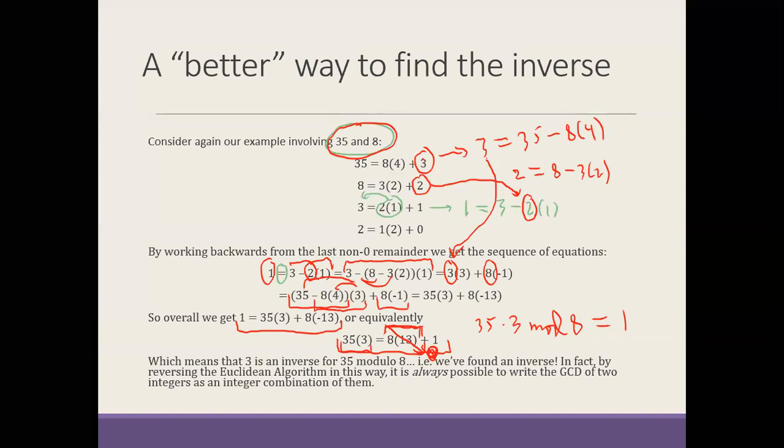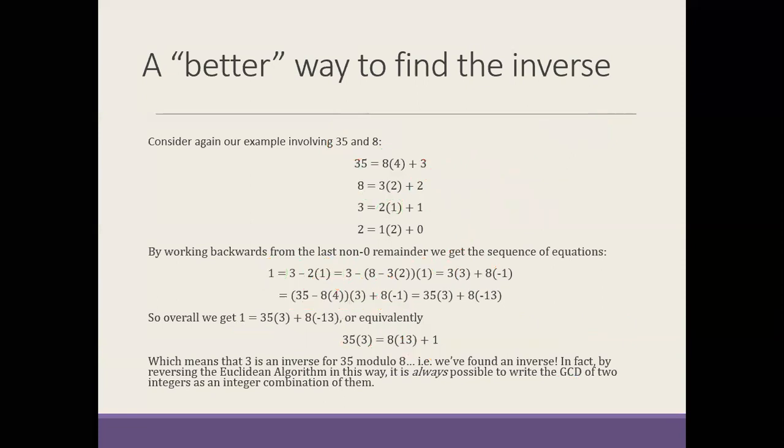So by reversing the Euclidean algorithm in this way, it is always possible to write the GCD of 2 integers as an integer combination of them. Okay, this is a powerful thing. And we'll get some more practice with that here pretty quick. Okay, so this reversing of the Euclidean algorithm empowered us to actually find an inverse of 35 modulo 8.